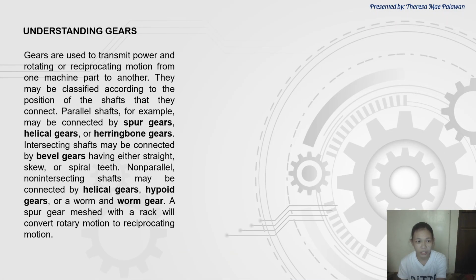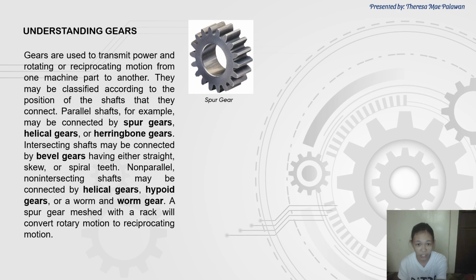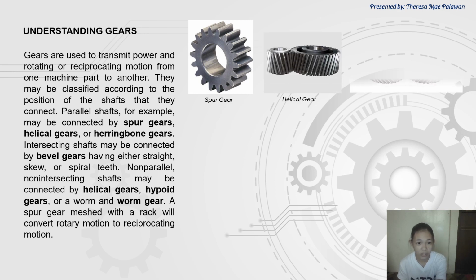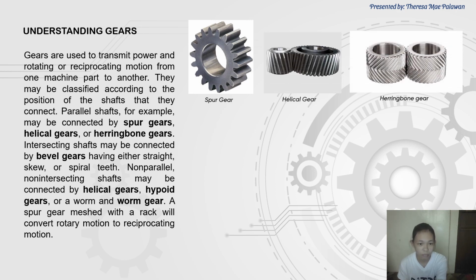Understanding gears. Gears are used to transmit power and rotating or reciprocating motion from one machine part to another. They may be classified according to the position of the shafts that they connect. Parallel shafts, for example, may be connected by spur gears, helical gears, or herringbone gears.